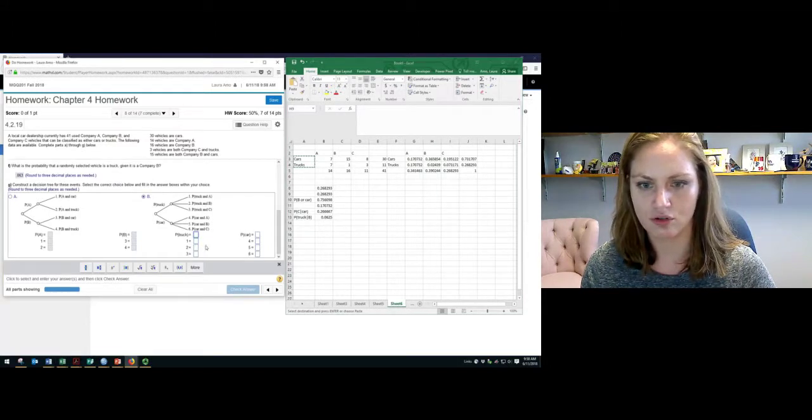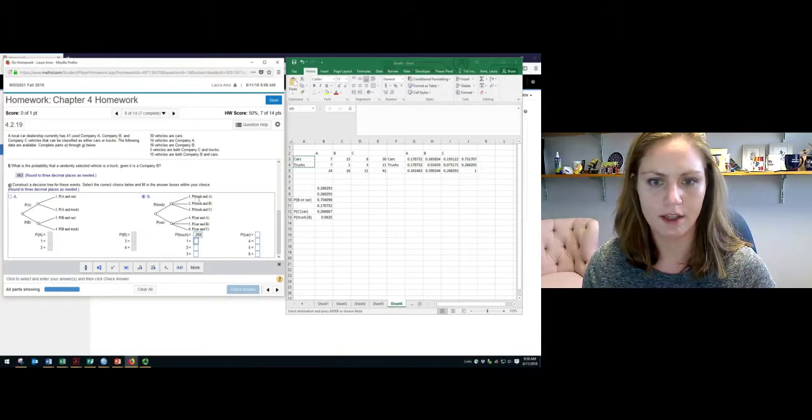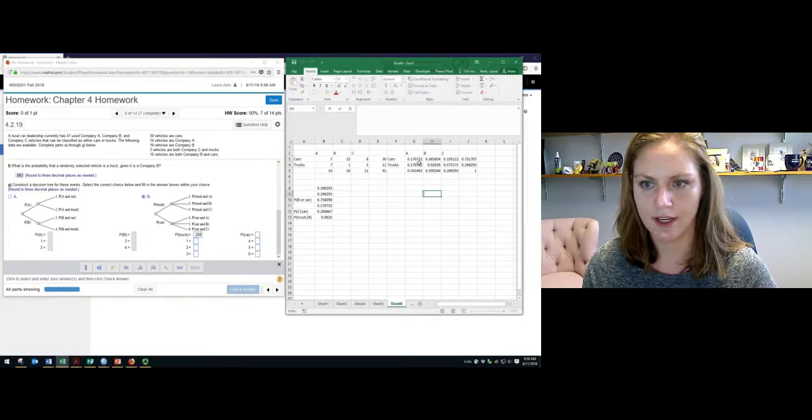So the probability of being a truck is 0.268, to 3 decimal places. And 1 is saying the probability of a truck and A. So the probability of being a truck and A is this, right?